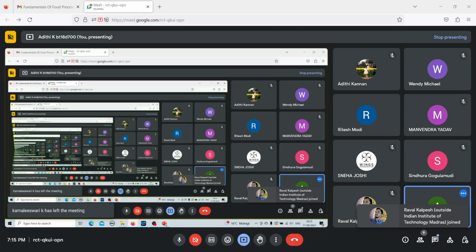We know the Z value given as 12.8 degrees Celsius. T naught is 121 degrees Celsius. F naught, which is the time taken at 121 degrees Celsius, I'm naming it as F naught or T naught, is equal to 8 minutes.